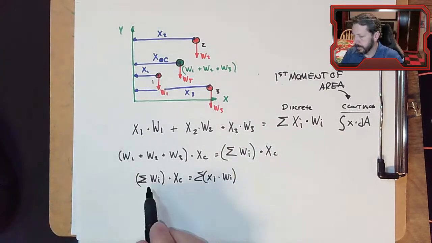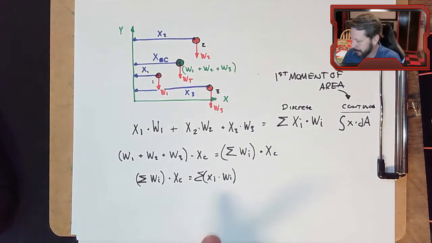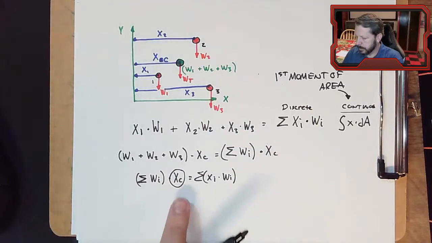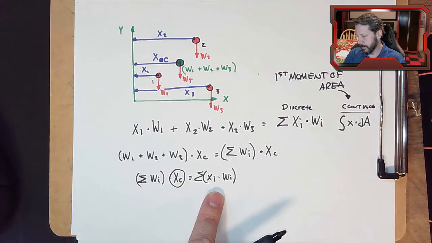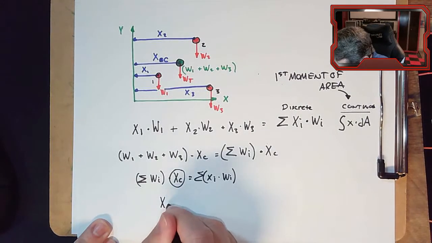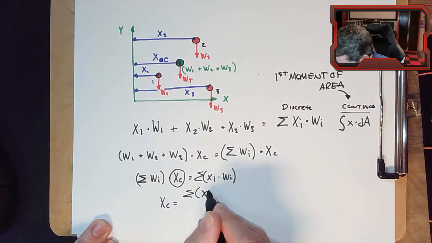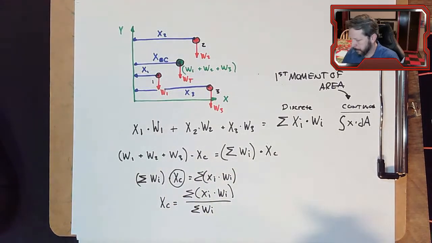I'm trying to use the parentheses so that we tell the difference in these, because otherwise they might look the same. This is the thing I'm looking for. So I'm just going to solve this equation for XC. And I get summation of Xi Wi over summation of Wi.